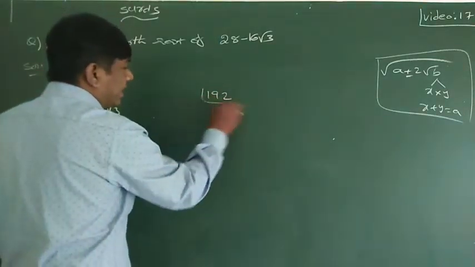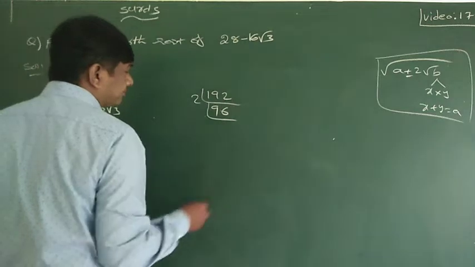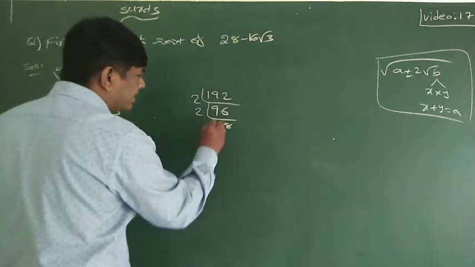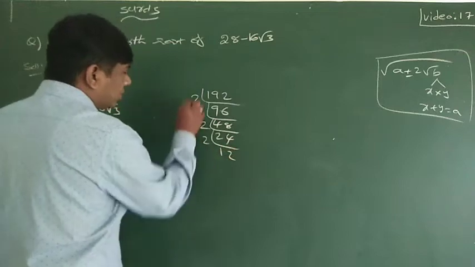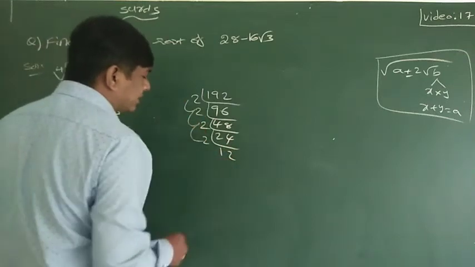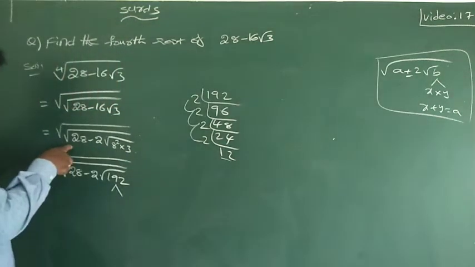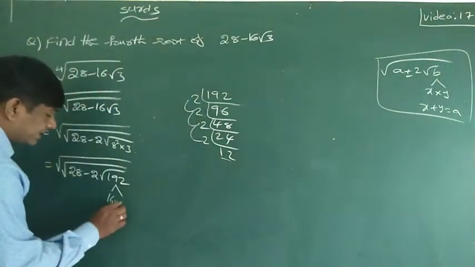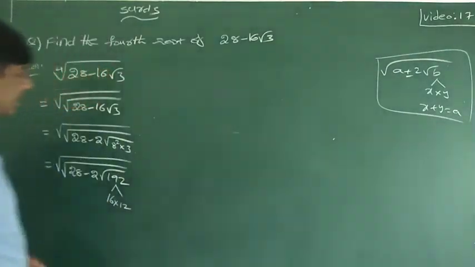192 factors: 16 into 12 gives 192, and 16 plus 12 is 28. So this can be done as 16 into 12.